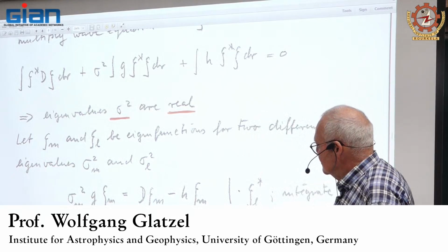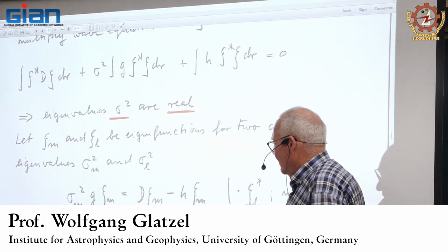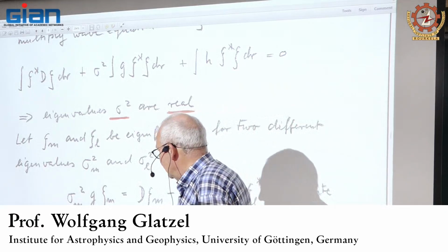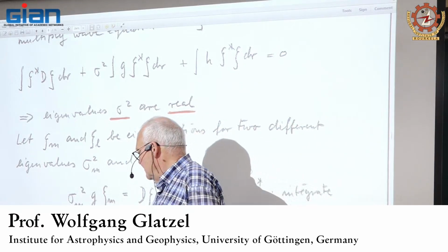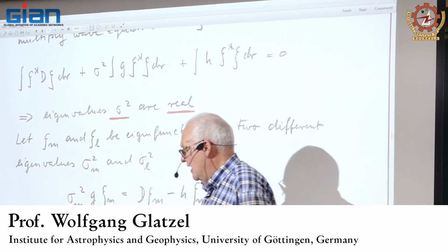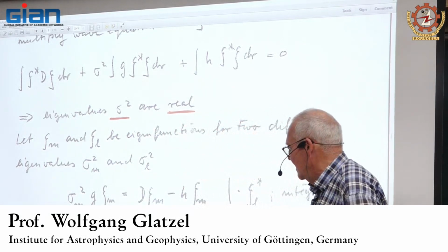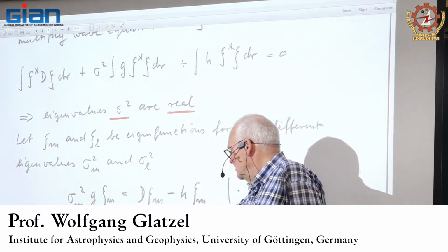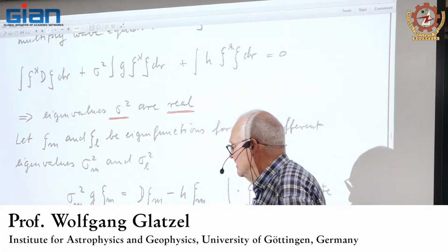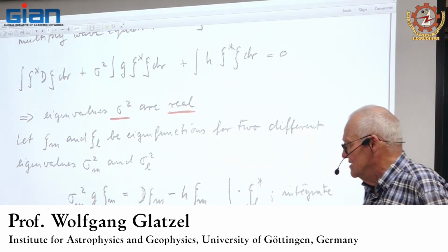And we consider the second eigenfunction zeta l for sigma l squared. So we have the equation: sigma l squared times g acting on zeta l is equal to the differential operator acting on zeta l minus h acting on zeta l.